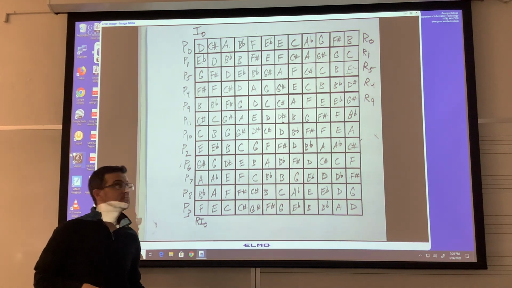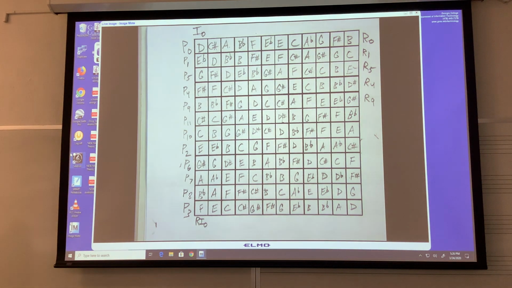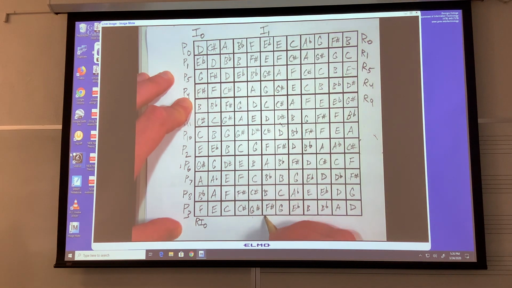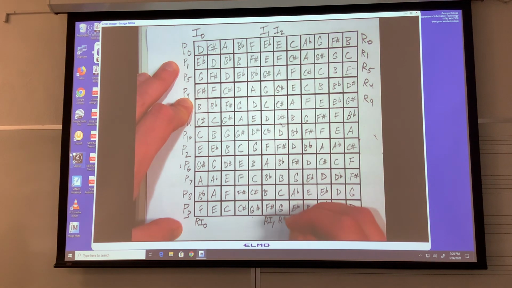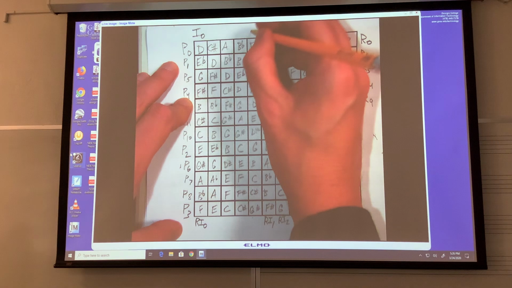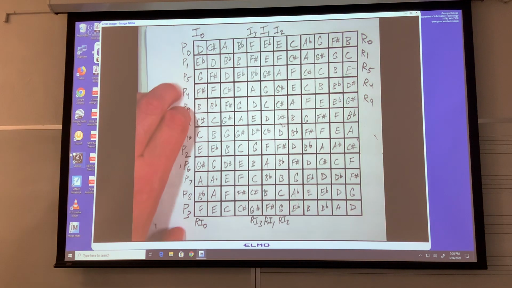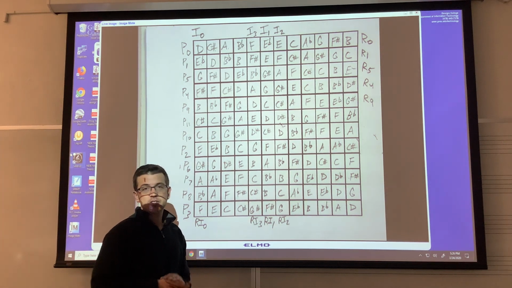So I1 should start on E flat. So hopefully you get the idea. So anyway, that's how you do a 12-tone matrix.